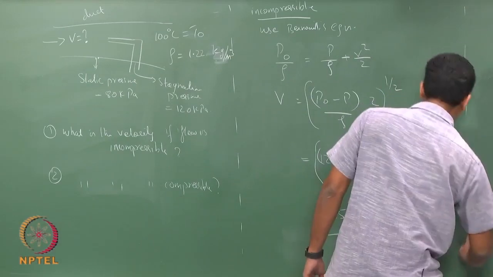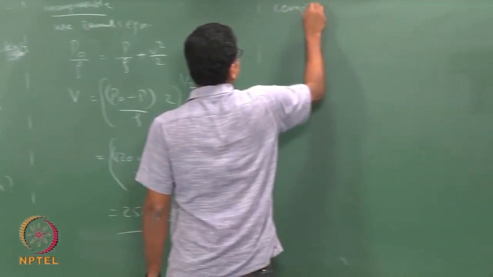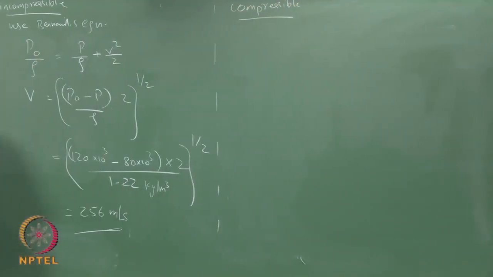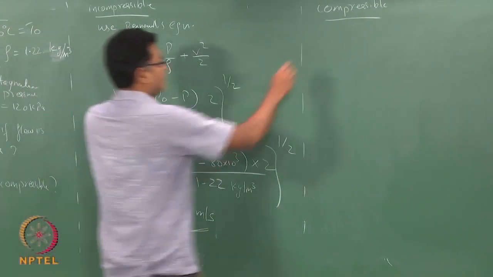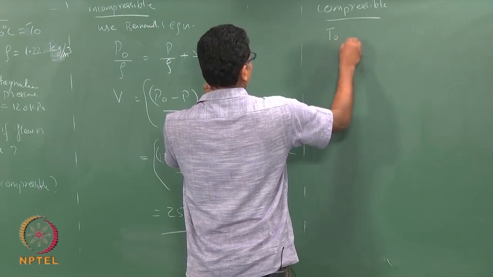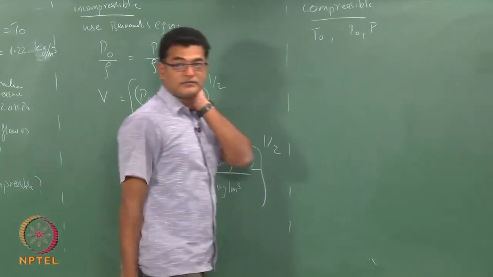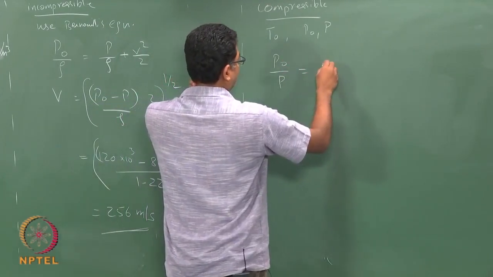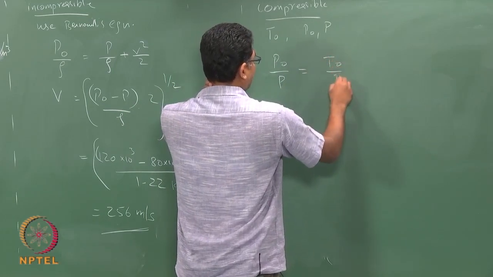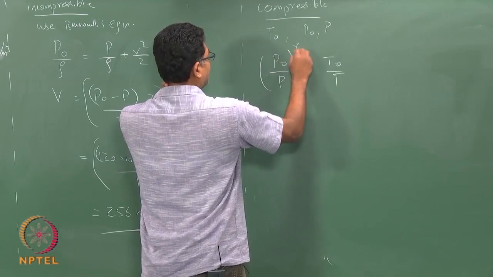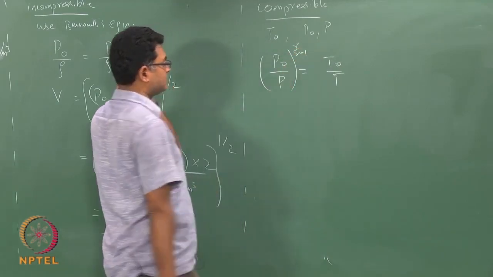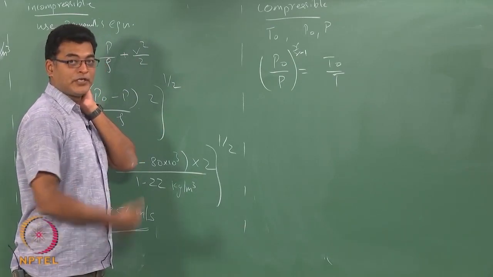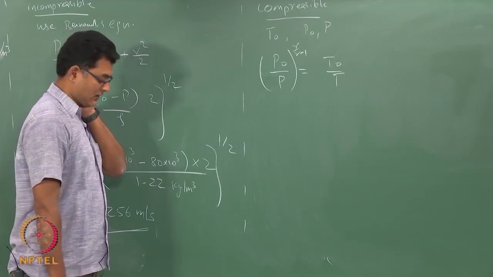Now, if the flow is compressible, what do we do? We have T0, we have P0, P. So, P0 by P is related to T0 by T as gamma by gamma minus 1 in this particular form for a fully compressible flow, assuming no losses, no heat transfer, no shaft work.